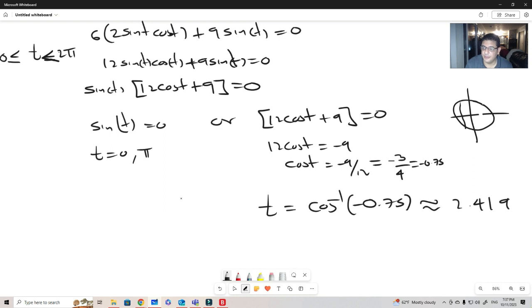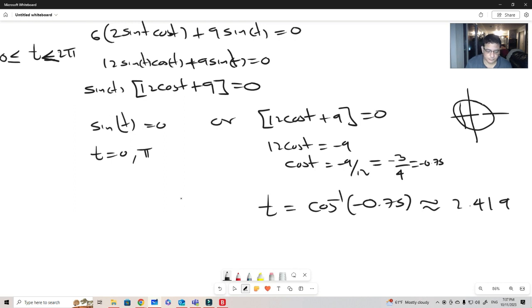And so minus 0.75 is telling me I'm going to have one angle here in the second quadrant, which I'm getting right here, 2.419. Remember that pi is when we got here, and pi is 3.14. So this makes sense. And so to get the other one, that angle is going to be here.